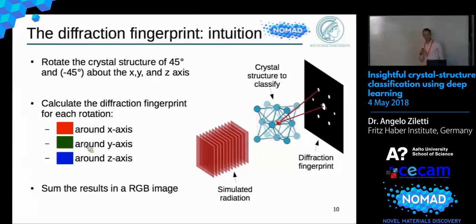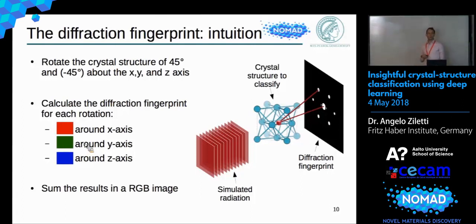So this is the intuition. Our structures are defined by lattice vectors and atomic positions, so we have the freedom to rotate these structures. To represent a structure in a quite unique way, we have a structure to classify, and then we rotate around the crystal axes, 45 degrees by 45 degrees, let's say around the x-axis, and we represent the diffraction pattern on this image as a red channel, and then around the other axes on green and blue.